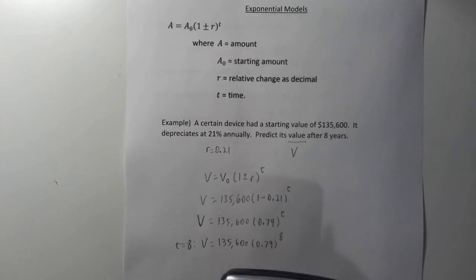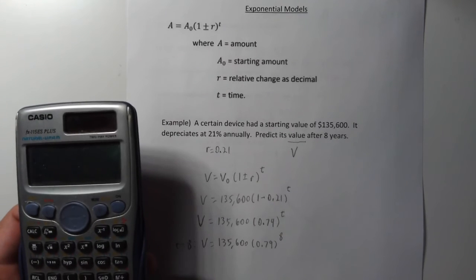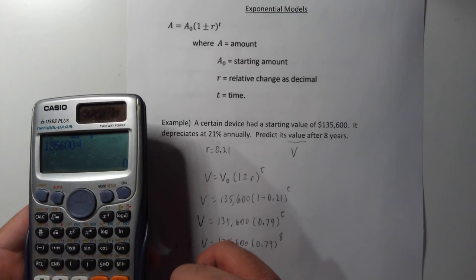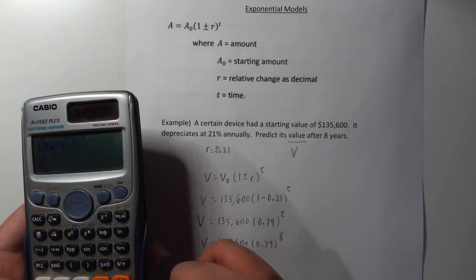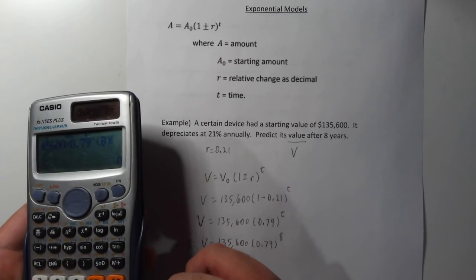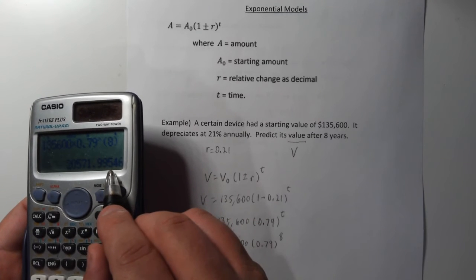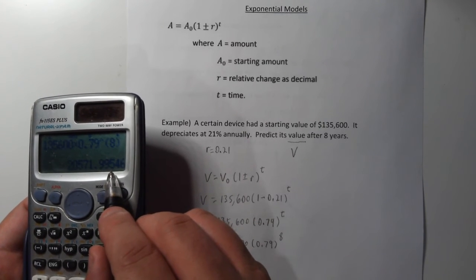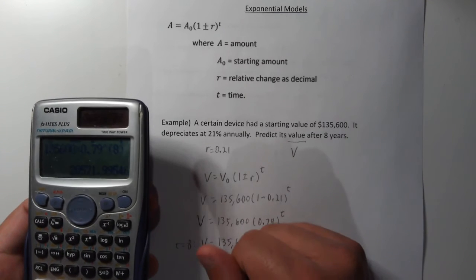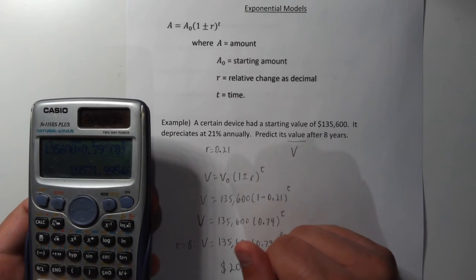So 135,600 times 0.79, my generic exponent button, 8. Well, that's the cents place. The next digit over is 5 or greater, so that's going to move this whole thing up to the next dollar. $20,572.